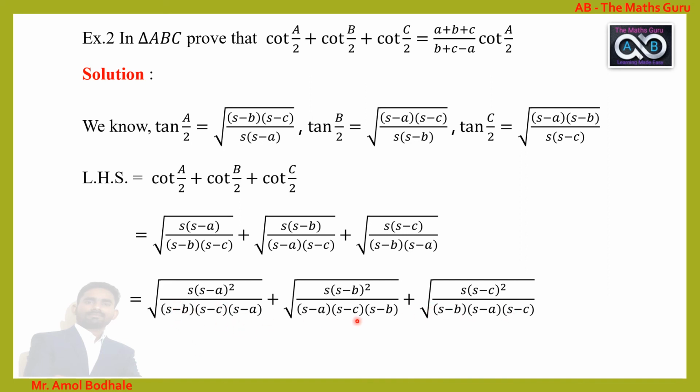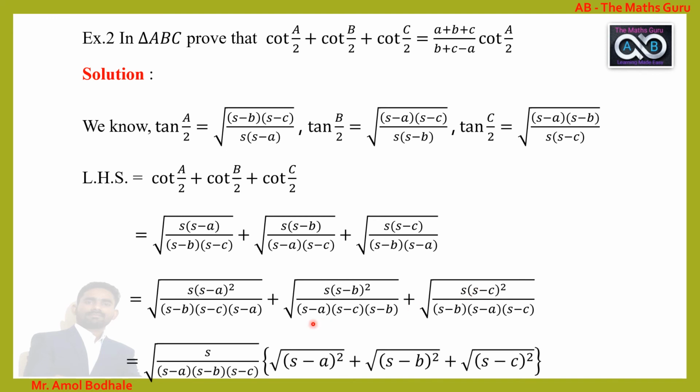So from all three terms, we have common the denominator square root s minus a, s minus b, s minus c, as well as in numerator we are getting s common. So if we take square root of s upon s minus a, s minus b, s minus c common, then in bracket it will remain square root of s minus a bracket square plus square root of s minus b bracket square plus square root of s minus c bracket square.